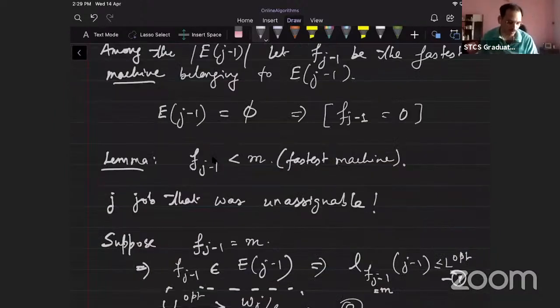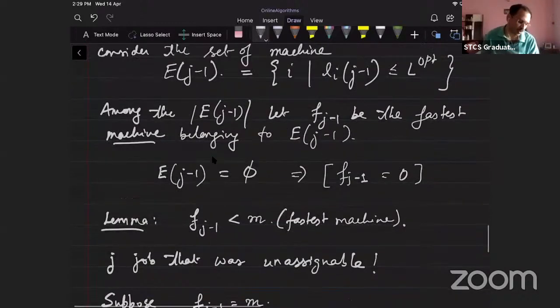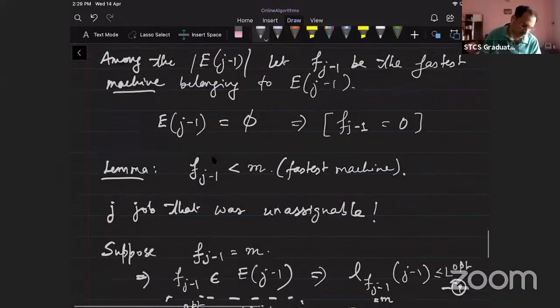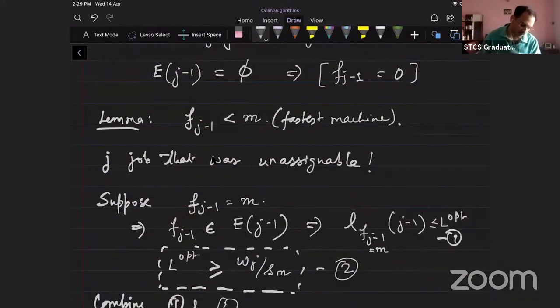The claim we want to prove is that among the set of jobs Ej minus 1, the fastest machine is not the fastest machine among all possible machines. So Fj minus 1 is strictly less than M. That is what we wanted to prove. The proof idea was that suppose Fj minus 1 was in fact equal to M, then we know by definition that Lm of j minus 1 is less than LOPT, by the definition of Ej minus 1.